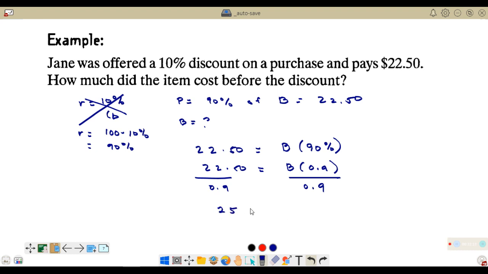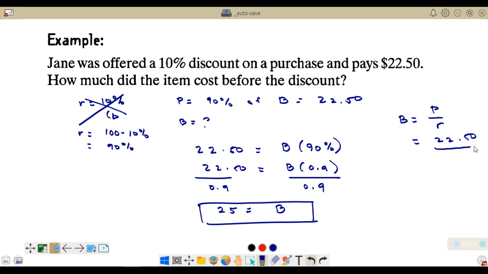So, 25 is equal to B. Or simply put, pwede mo na kaagad gamitin yung base is equal to P over R, which will give you instantly 22.50 over 0.9. Hindi mo na kailangan gumamit ng multiplication property of equality dito sa kabilang side. So, mas maikli dito.